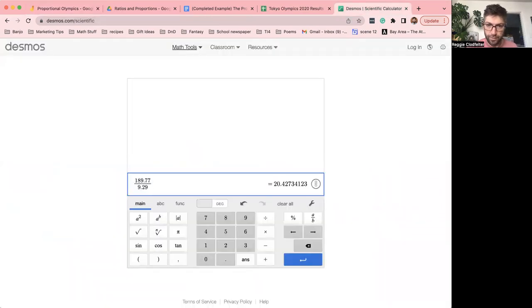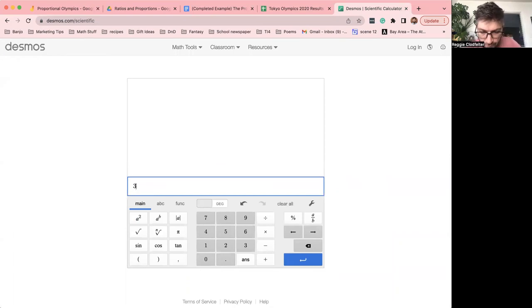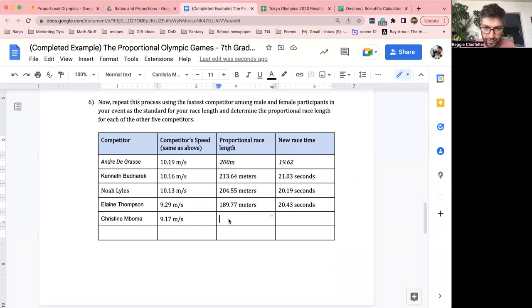So 350 divided by 1.76, and I get 198.86, and that's going to go here, 198.86 meters. Now to get the value in column 3, the new race time, you take 198.86 and divide by her speed, 9.17 meters a second.